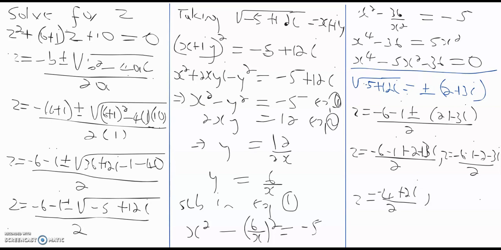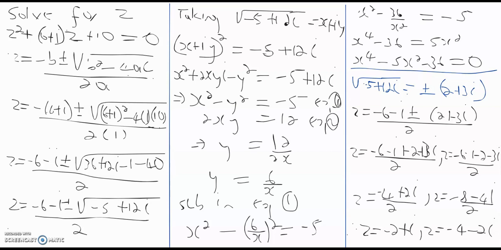And then you have negative 6 minus 2, that's negative 8. And then you have negative i minus 3i, that's minus 4i over 2. So therefore, z is going to be, if we say 2 into negative 4, that's negative 2 plus i, or 2 into negative 8, that's negative 4 minus 2i.